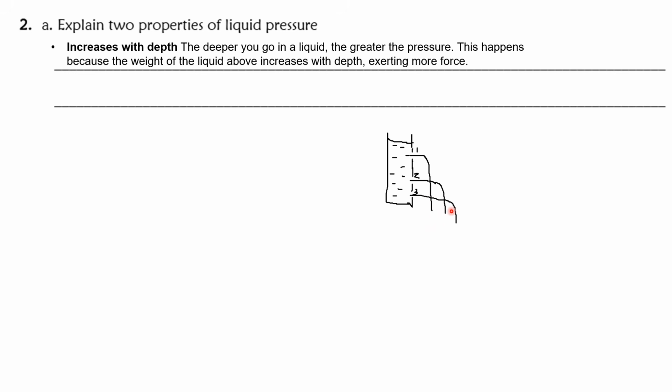This happens simply because the weight of the liquid above increases with depth, thereby exerting more force, pushing the water out with greater force. That's very, very important to note. So this is property number 1 for 1 mark.